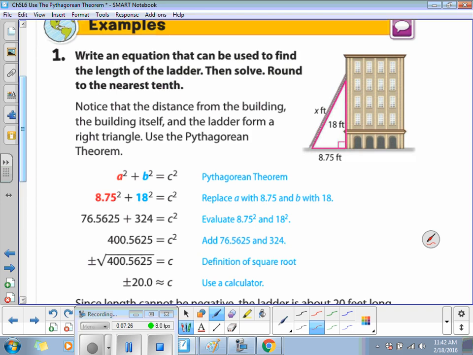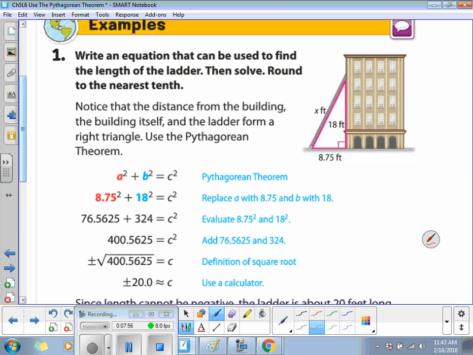So here, the ladder is leaning against this building, right? We know that this measure is 8.75 feet. We know that the height at the point where it's leaning is 18 feet. So we want to know how long that ladder is. Is everybody clear? All right.